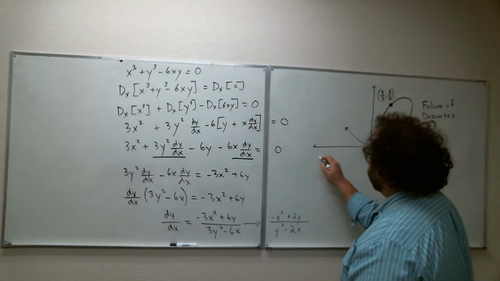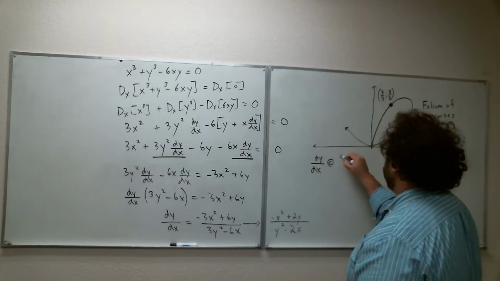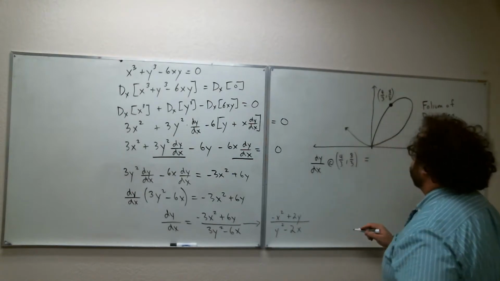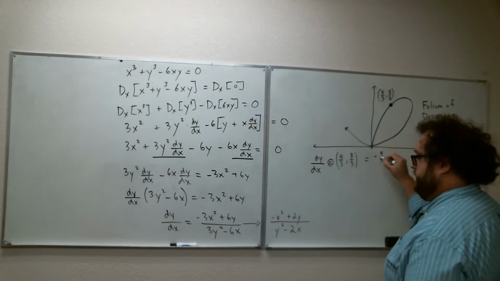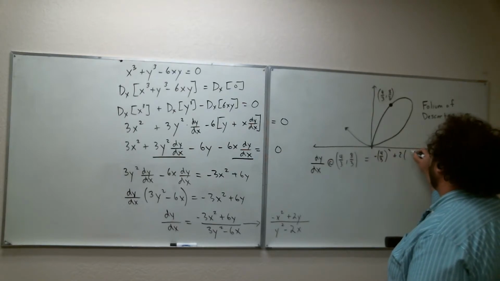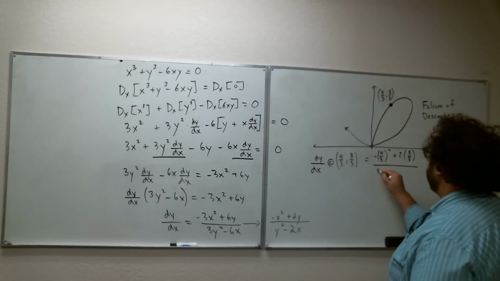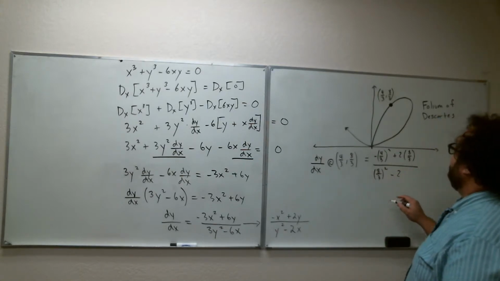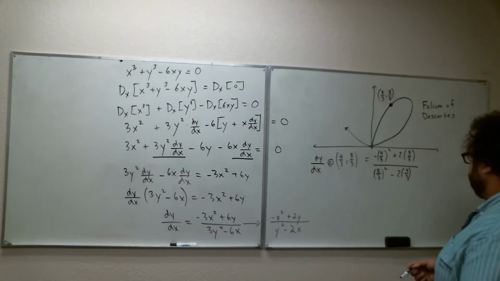So dy/dx at (4/3, 8/3) equals, let's see, well, x is 4/3, so it's negative (4/3) squared plus 2 times y, which is 8/3, all divided by y squared, which is (8/3) squared, minus 2 times x, x being 4/3. Now let's see if I can do arithmetic today.